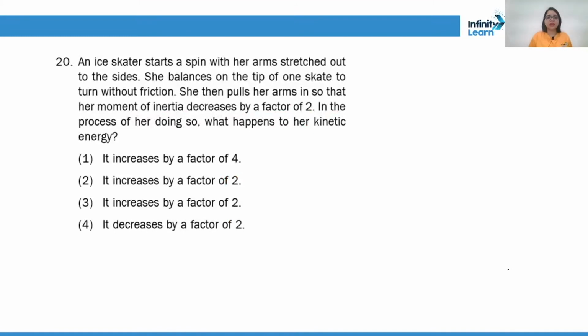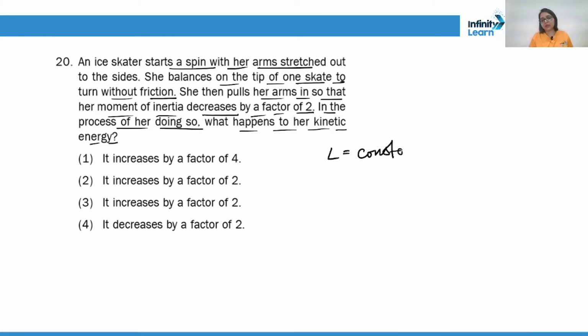Question number 20. An ice skater starts a spin with her arms stretched out to the sides. She balances on the tip of one skate to turn without friction. She then pulls her arms in so that her moment of inertia decreases by a factor of 2. In the process of her doing so, what happens to her kinetic energy? So in this process, the angular momentum is constant.